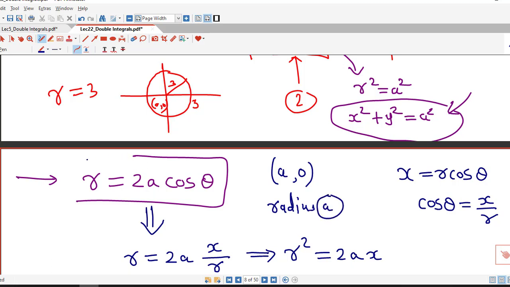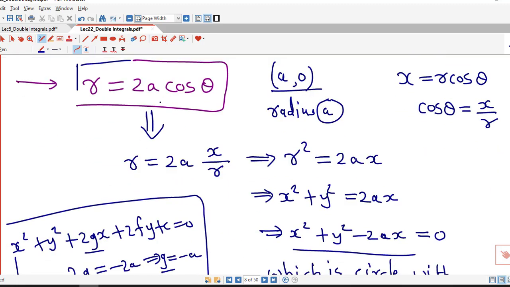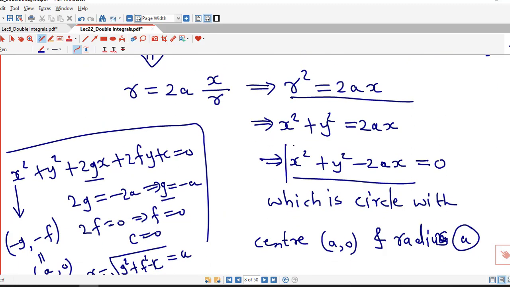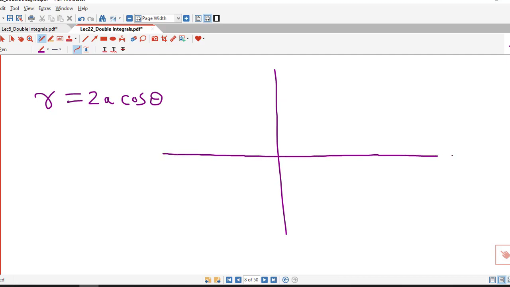Either we can remember that this is the general equation of a circle with center (a, 0) and radius a, or if we are not comfortable remembering, we can obtain the Cartesian form and then decide the type of curve. So for the time being, we will remember that r equal to 2a cos theta is nothing but the equation of a circle with center (a, 0) and radius a.